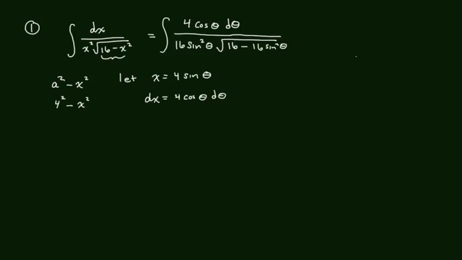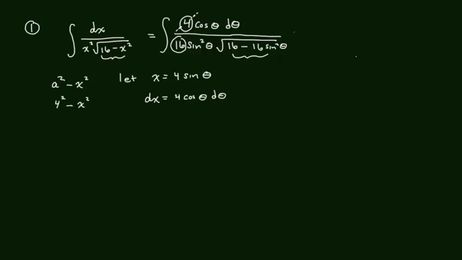Let's do some simplification. Well, initially I see that I have a 4 over 16, so that's nice. But the 16 inside here I want to factor out. So I'm not really factoring out a 16, I'm factoring out a radical 16 because it's under the radical. When I pull out a radical 16, I'm really pulling out a 4, and that's going to cancel out with the 4 that we see here.